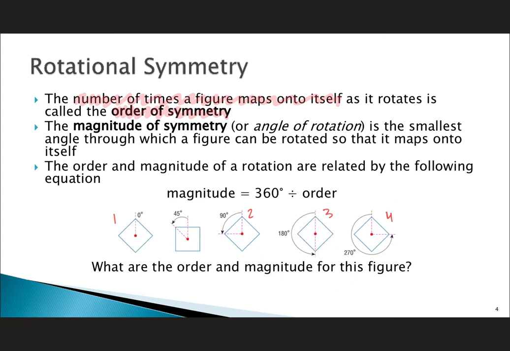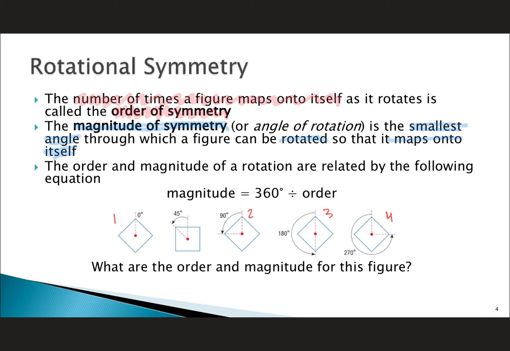Now, the magnitude of symmetry is the angle of rotation. This is the smallest angle the figure is rotated so that it maps onto itself. This is what I was talking about in the last slide. The reason why 45 is not included in our order of symmetry is because it doesn't match the pre-image exactly.